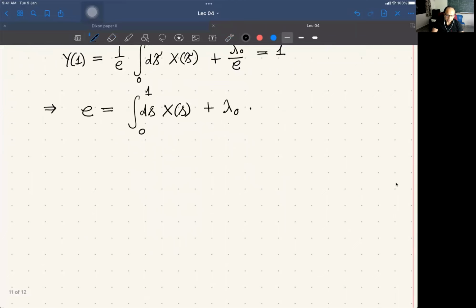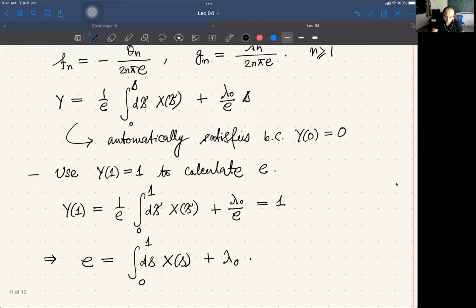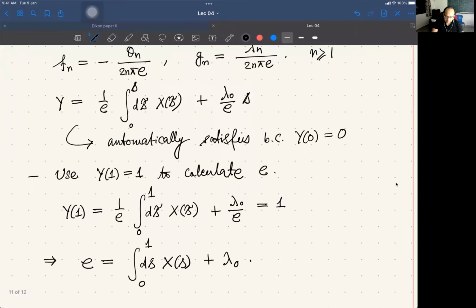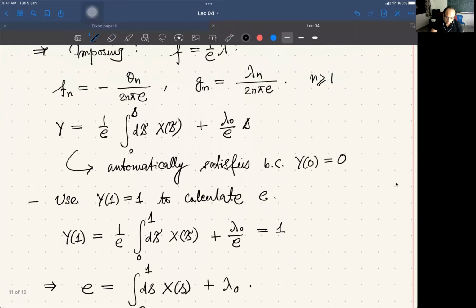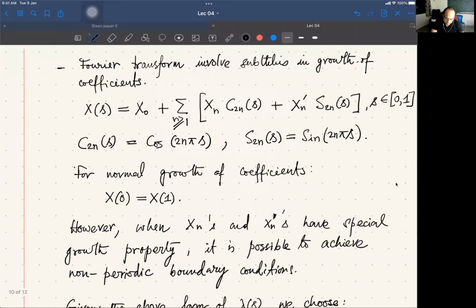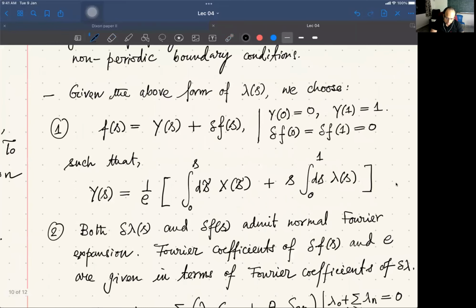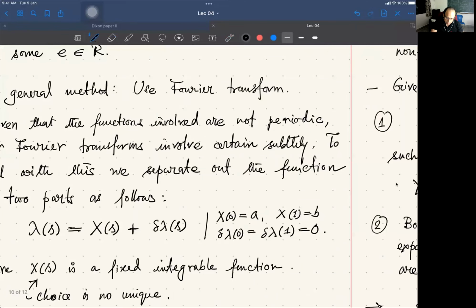Okay, so that tells you how to construct f given lambda. So to summarize, you take lambda, divide it into two parts, and therefore your data that you will use to construct f is this function, which is integrable, and the Fourier coefficients of lambda.